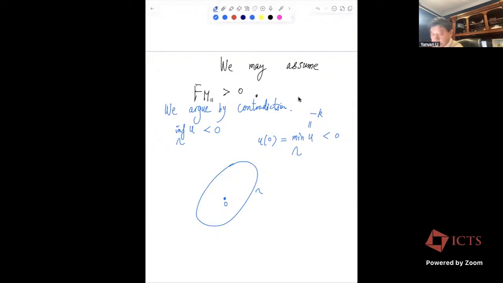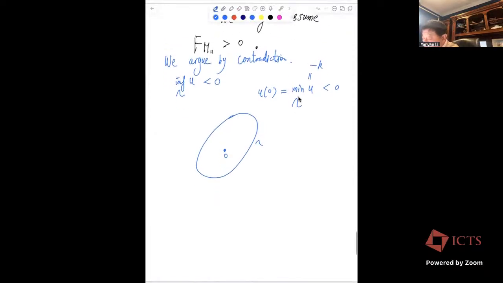Now we take the x1 direction, and let's call the maximum of x1 in your domain equal to minus r plus 1.